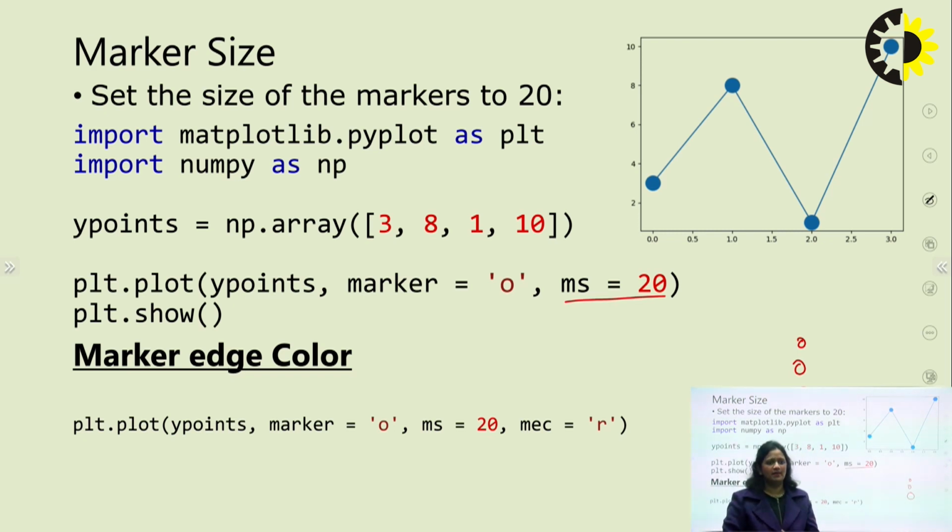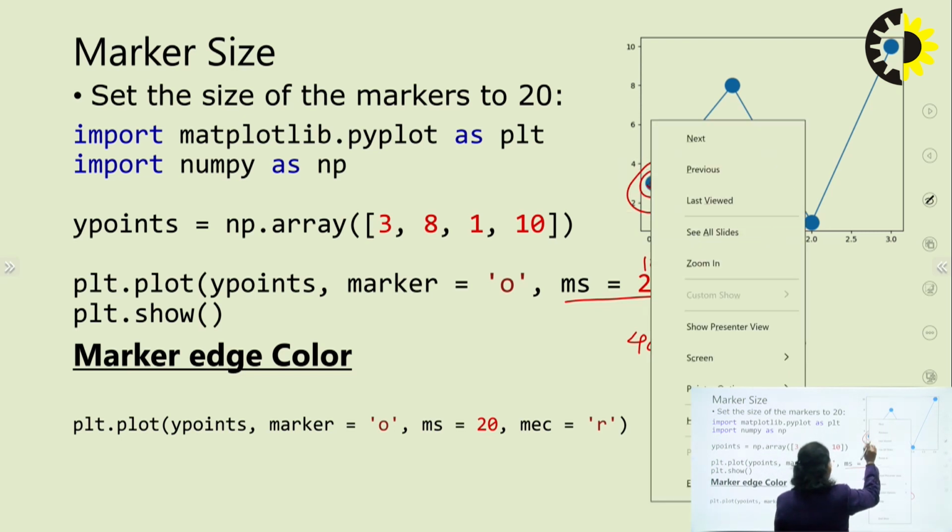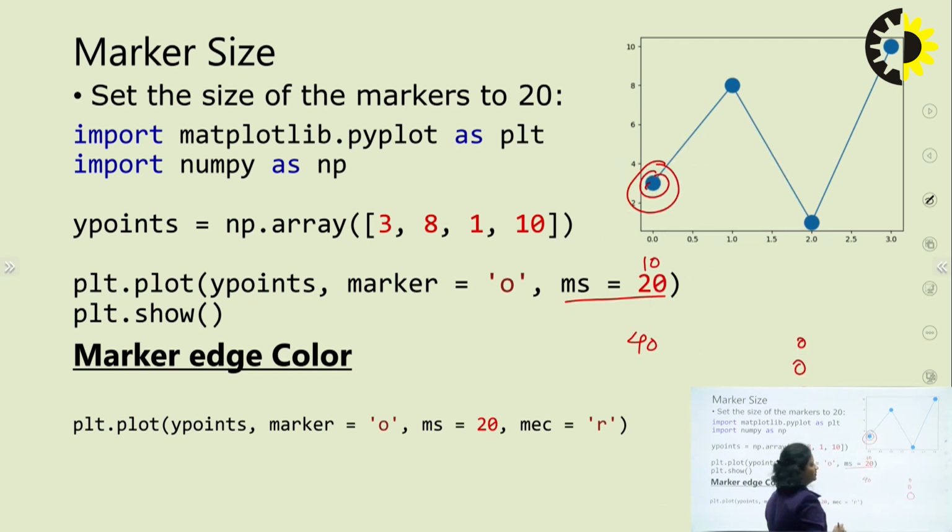Set the size of the marker to 20. If we set a marker size to 20, then for the same program the marker size would be like this. If we increase it to 40, then the marker should be like this. And if we want to decrease the size of the marker, then the output will be like this.